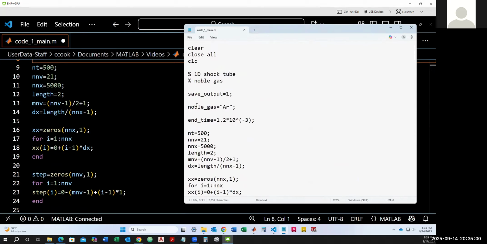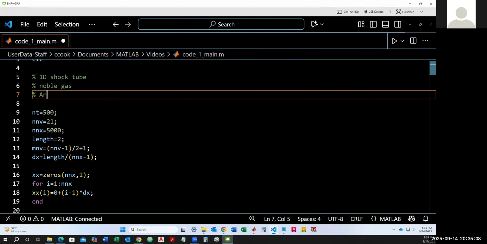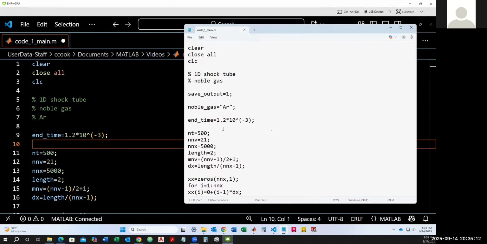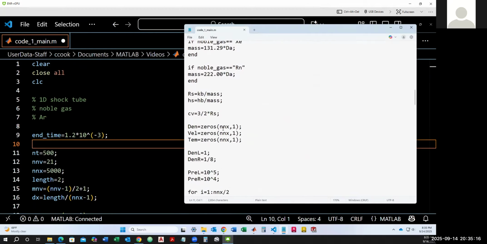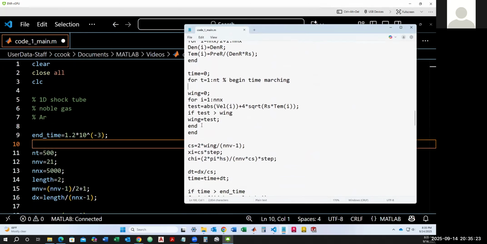Maybe I want to run it till 1.2 milliseconds. So if we go over that time, we'll put a break statement in to exit the time loop.